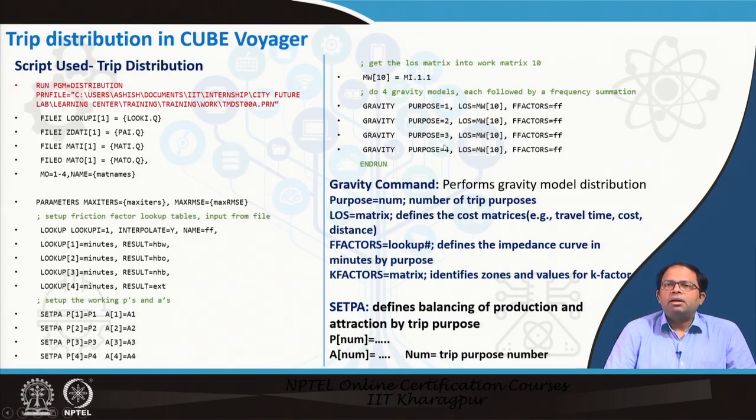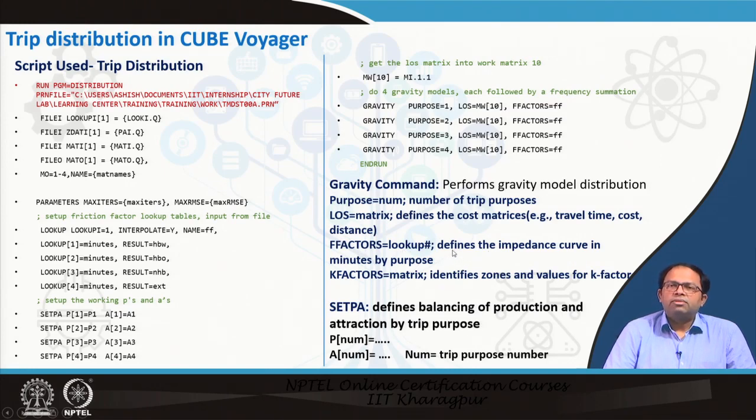The first 3 trip purposes we already discussed, and the 4th is for returning trips and so on. LOS is the set of matrices which include the cost matrices, travel time, cost, distance and so on, for running the gravity model. Then we have the friction factors, which define the impedance curve in minutes by purpose.